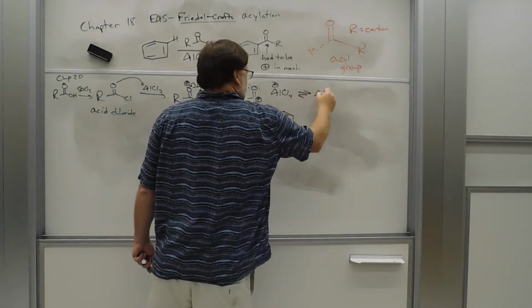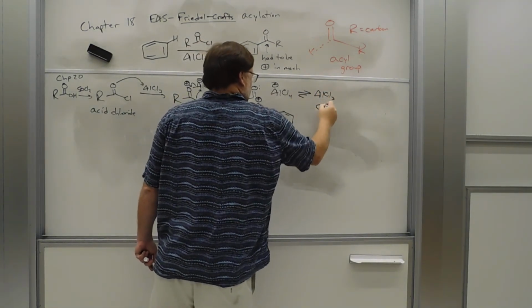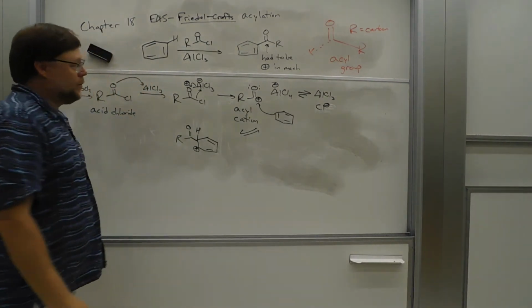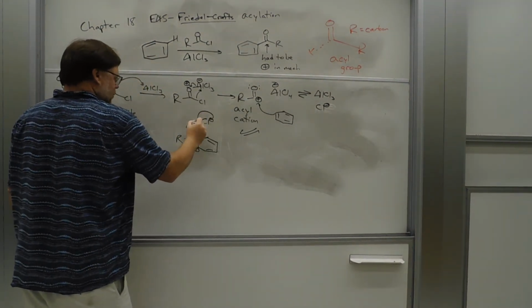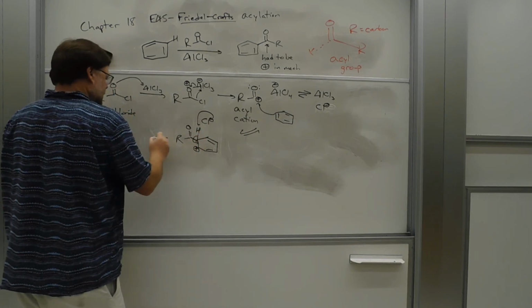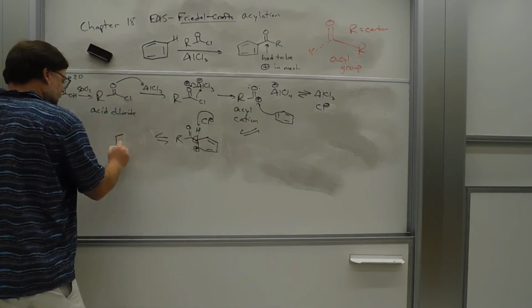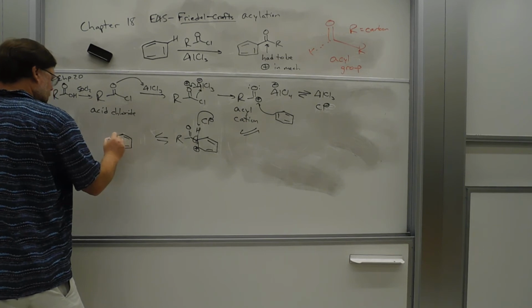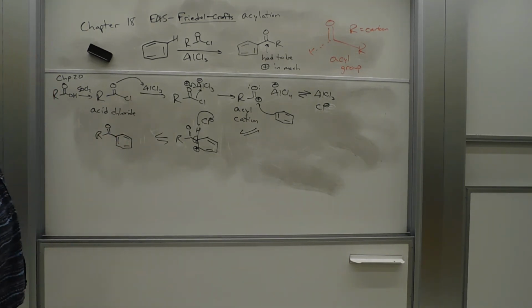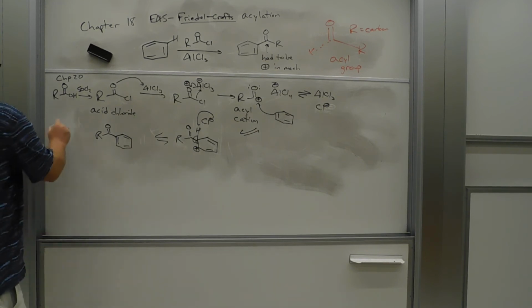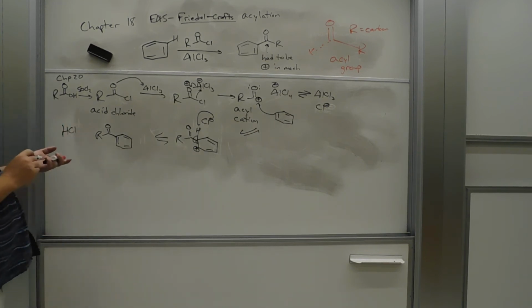Aluminum tetrachloride exists in equilibrium with AlCl3, aluminum trichloride, which is neutral, and chloride minus. Chloride minus then grabs this H, and that gets us our product and HCl. These are fun reactions to follow.